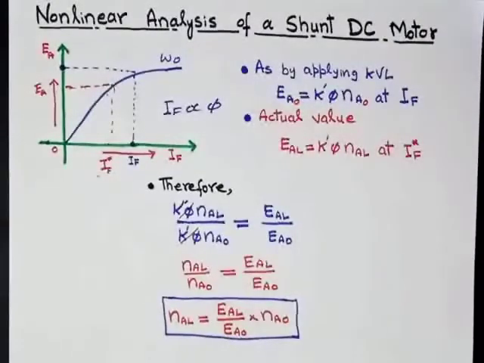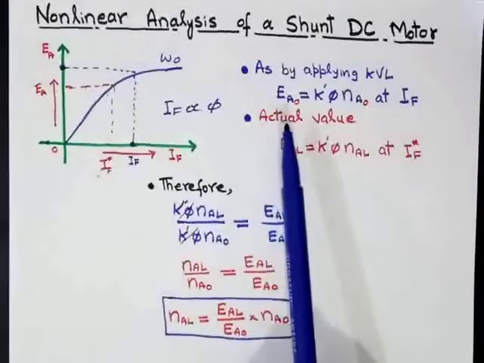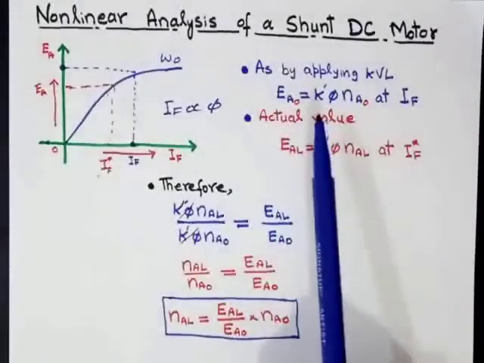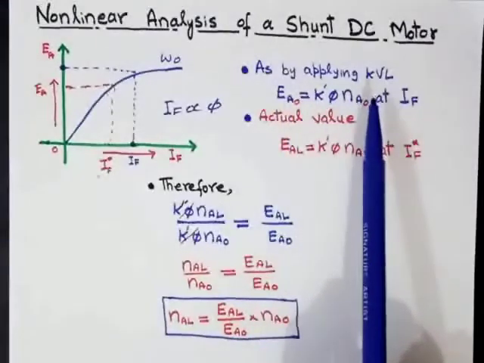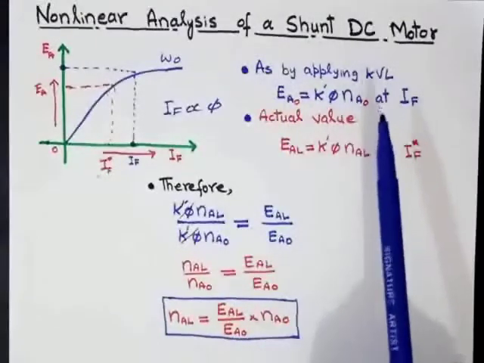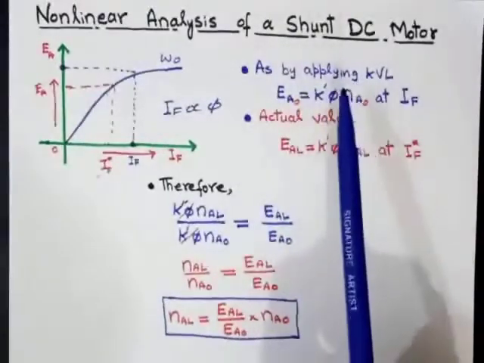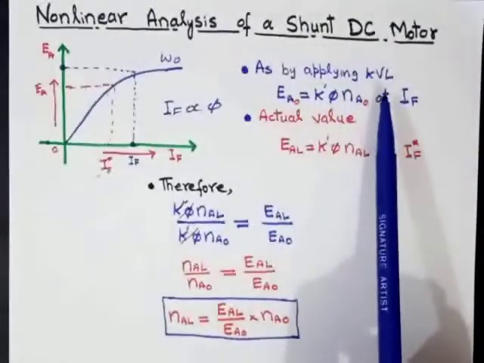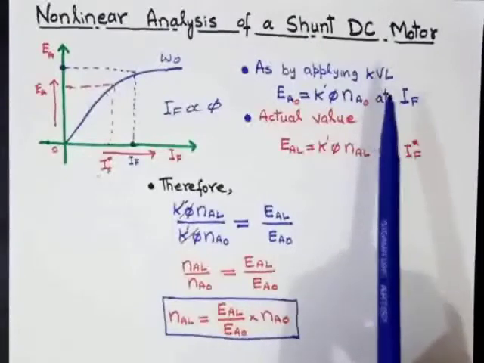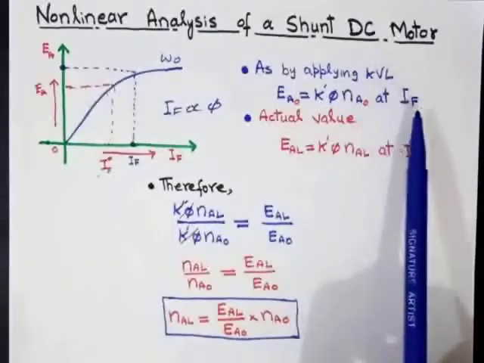For example, in the previous numerical, we found the EA by applying the KVL. That was corresponding to a particular current IF.